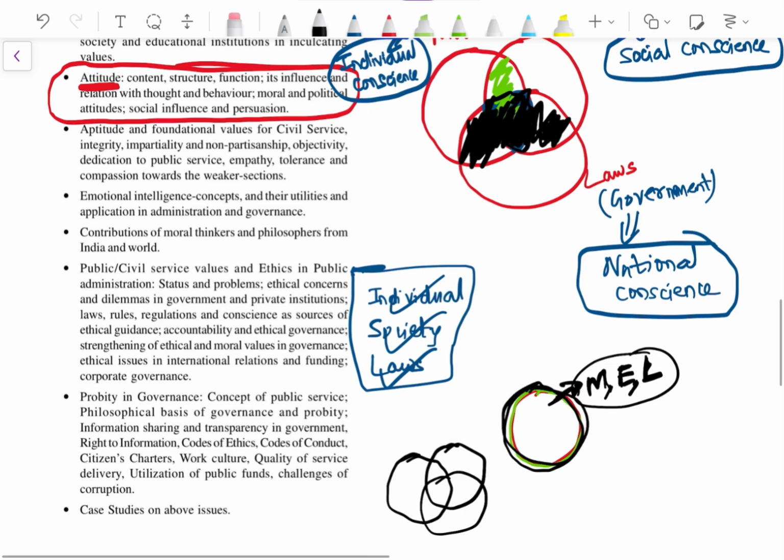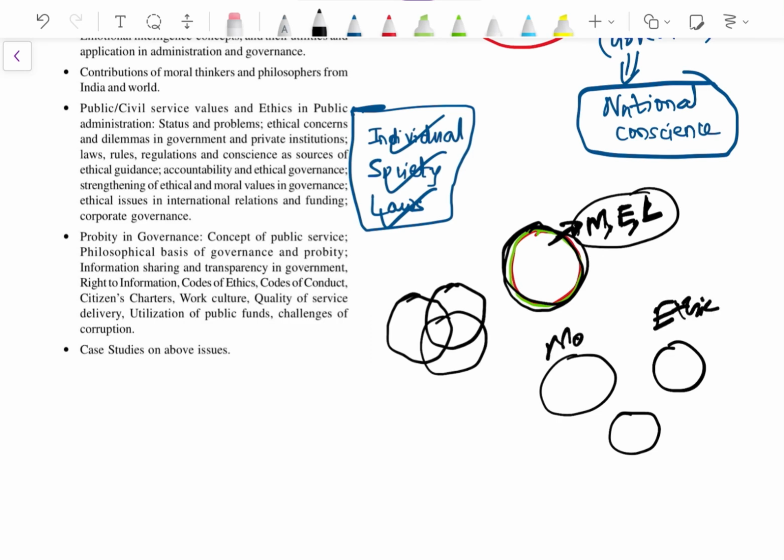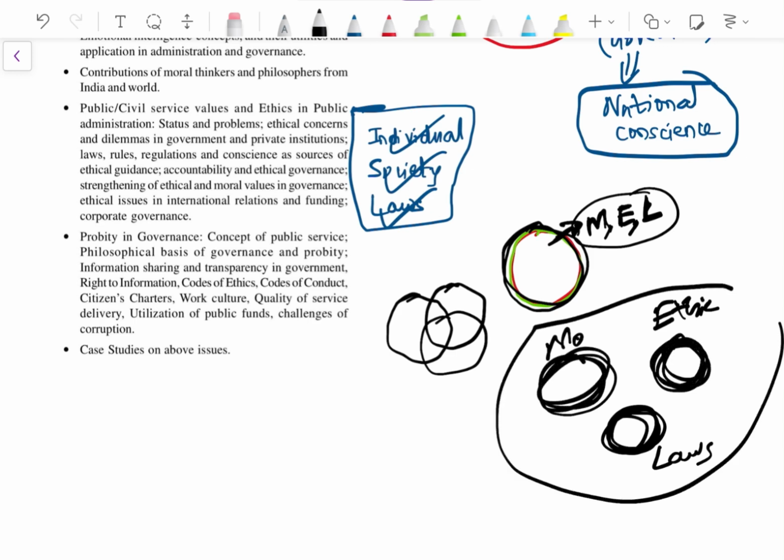In many countries, morals are different, ethics are different, laws are different. The government is making laws on something else, and people's ethics and morals are different. So when this happens, there will be a conflict in these societies.